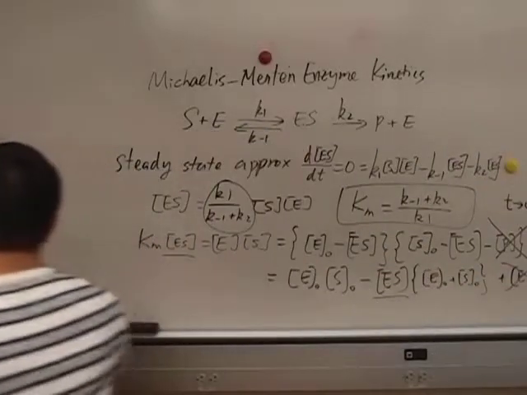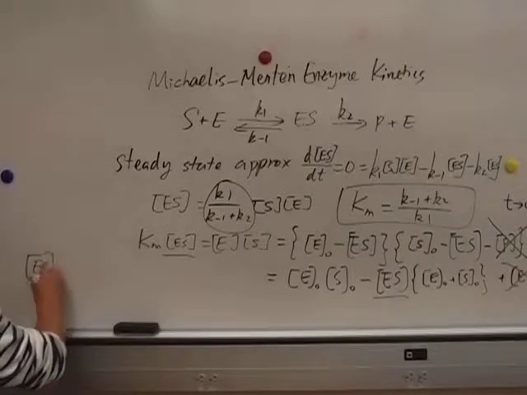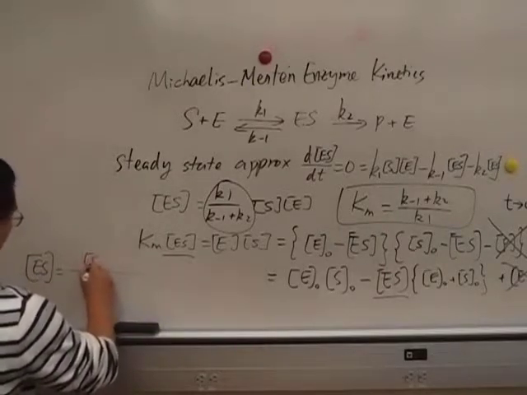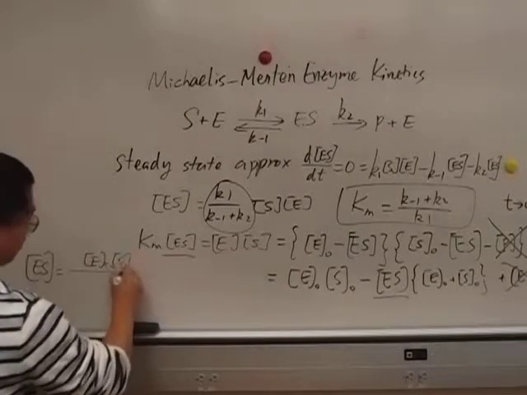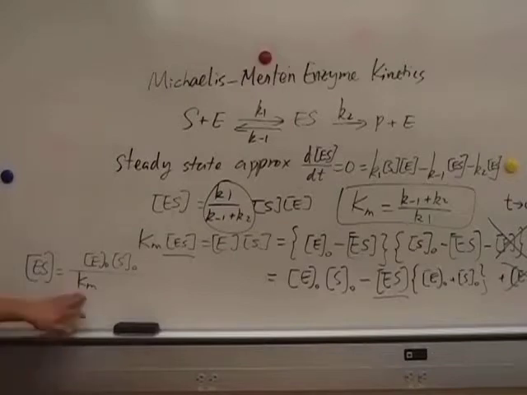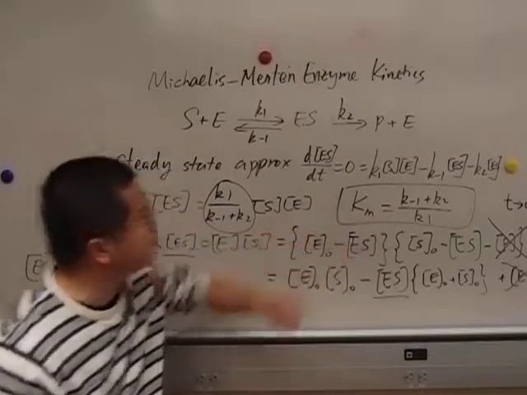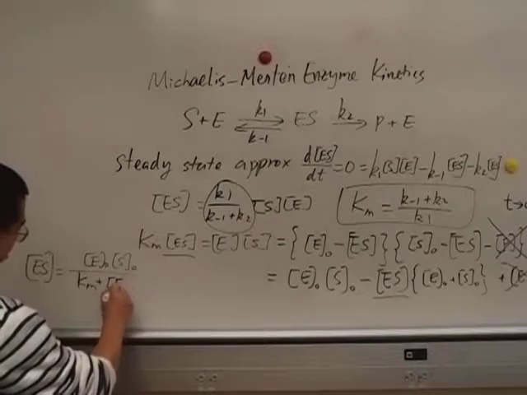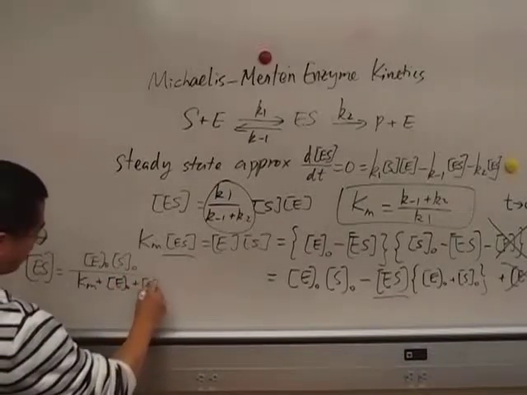The concentration of ES is equal to E naught times S naught on top. On the bottom we have this composite equilibrium constant, the definition is here, K sub M, where M stands for Michaelis-Menten, plus E naught plus S naught.